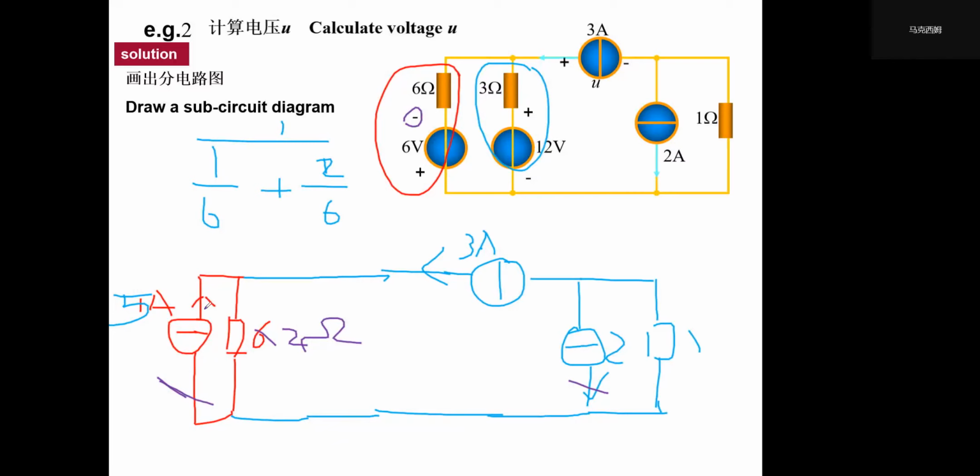So which means our calculation, the first one is 1 ampere, the second one is 4 ampere, and the second one is going up. Right, so I made a mistake.